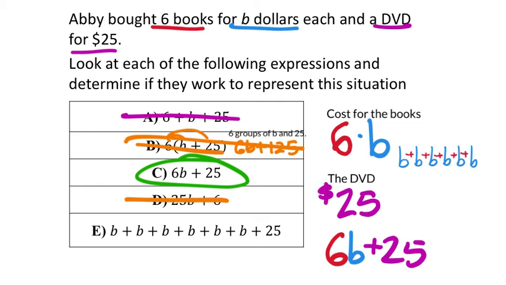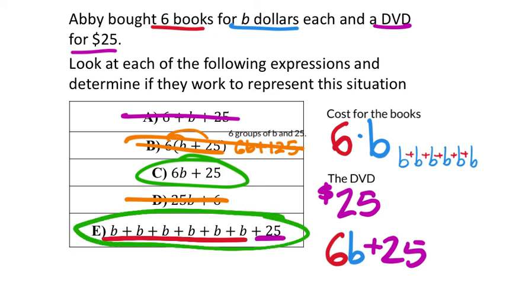It's like adding all those B's together. And that's what we have right here, 6 B's added together, and then you still have the plus 25. So as it turns out, this E right here is a good expression to represent what we had originally, 6 books for $B and a DVD for 25 bucks.